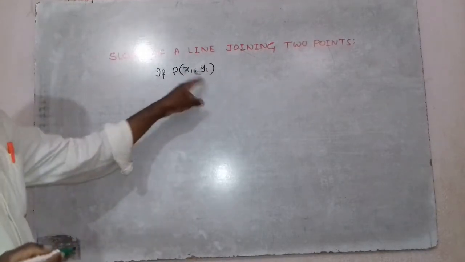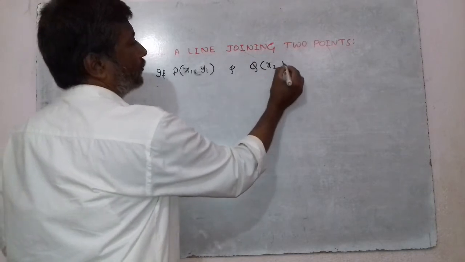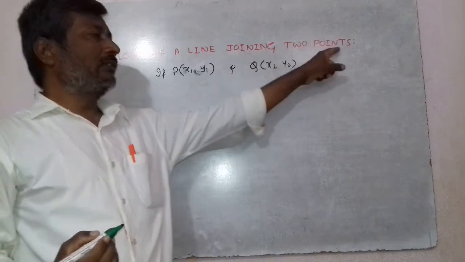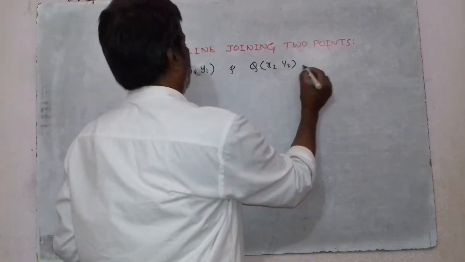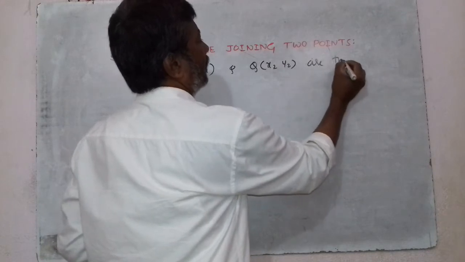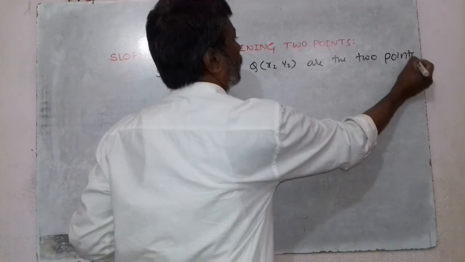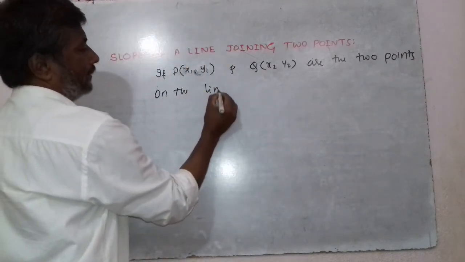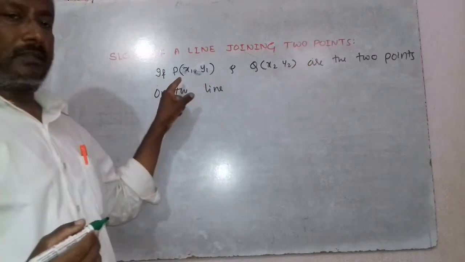If P (x1, y1) and Q (x2, y2) are two points on the line, we want to find the slope of the line joining them. Consider the coordinate plane: this is the x axis, this is the origin, this is the y axis, and this is the straight line.